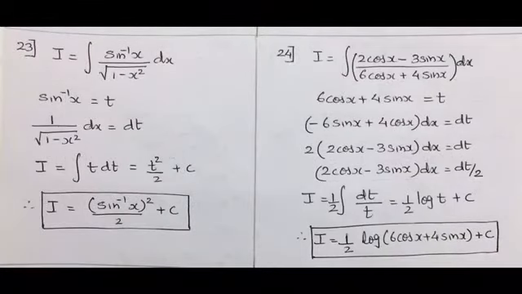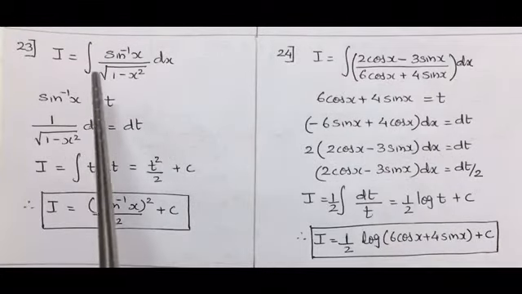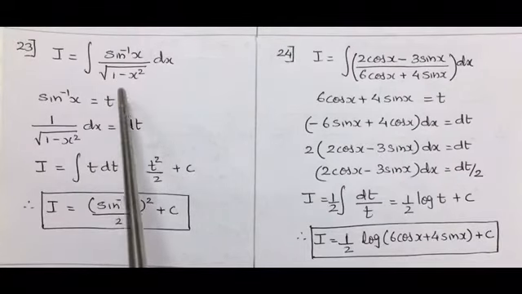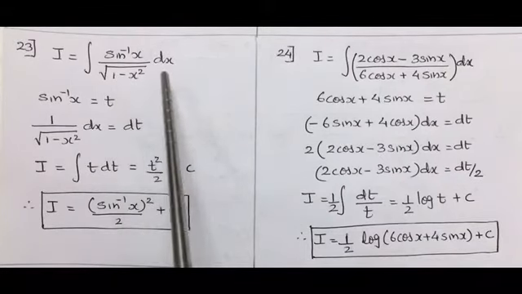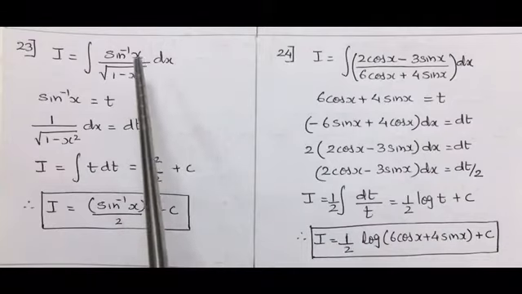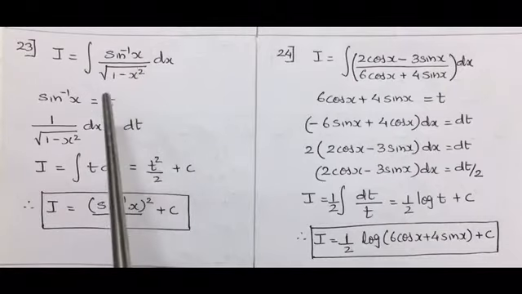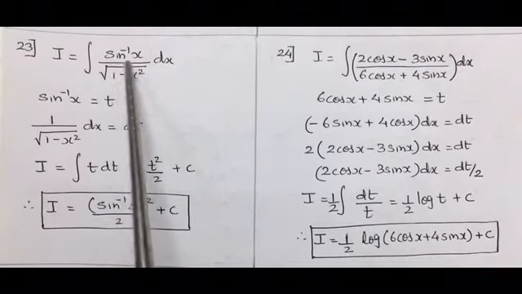The 23rd one. Given is integration sine inverse x upon root of 1 minus x square dx. Now we don't have the integration of sine inverse x. The standard integration is not there. But still sine inverse x is to be integrated.